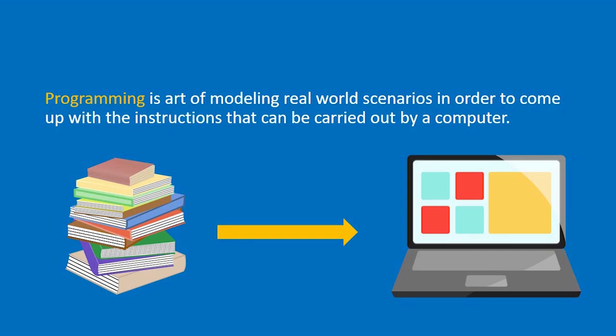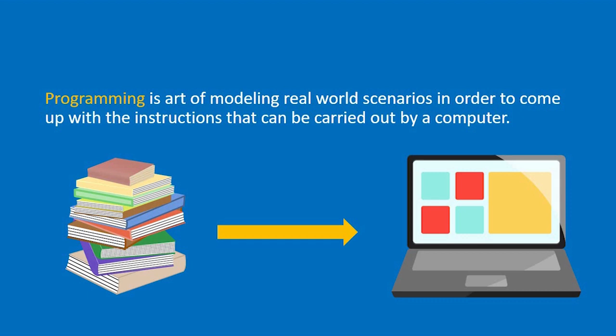So programming is a verb, while a program is a noun. When we're talking about programming, we're talking about the art of modeling real world scenarios in order to come up with instructions that can be carried out by a computer. Programming can be seen as the process of translating real world problems into a language that a computer can understand or execute.